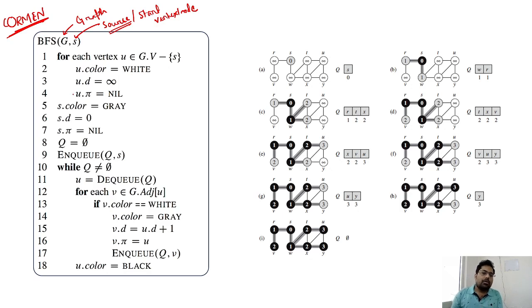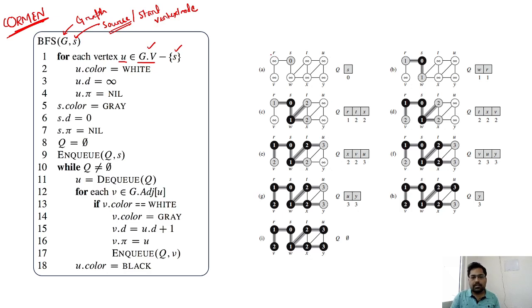In this book, I kept the example also from that book, because we should understand it well first. For each vertex u which belongs to V minus s, excluding the source which you have taken, all the vertices.